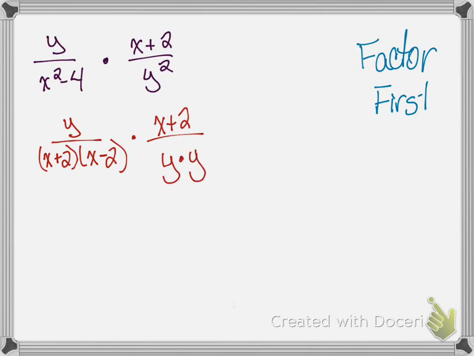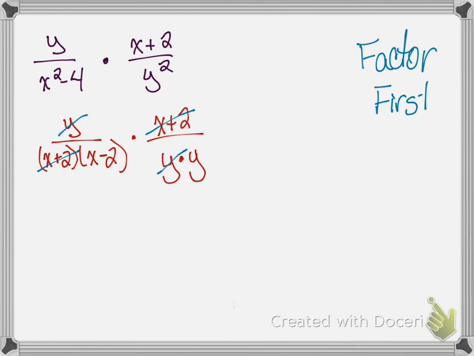Now I want you to look and see what happens to this one. What happens here is my x plus 2 and my x plus 2 cancel, and my y cancels. So in the numerator, everything has canceled.